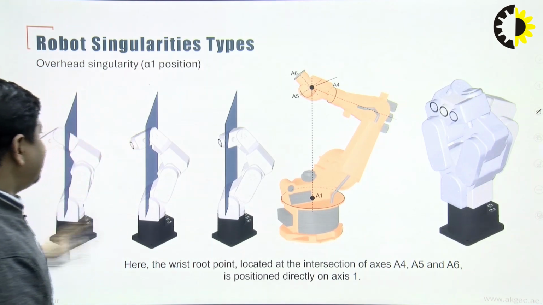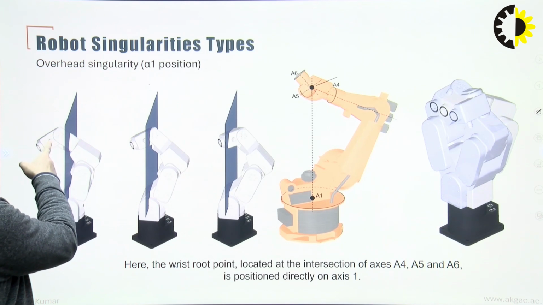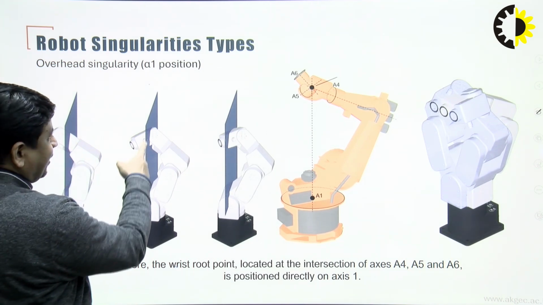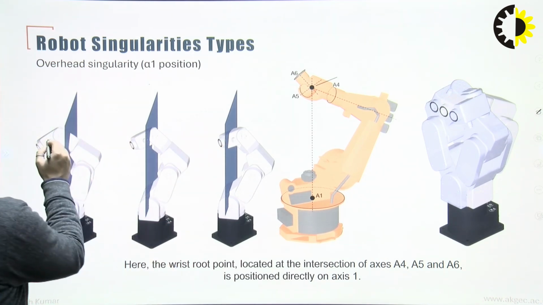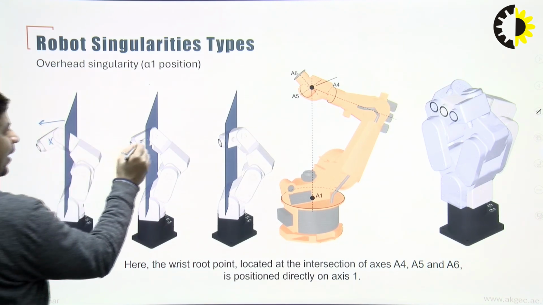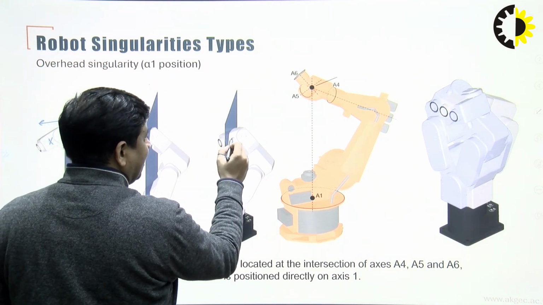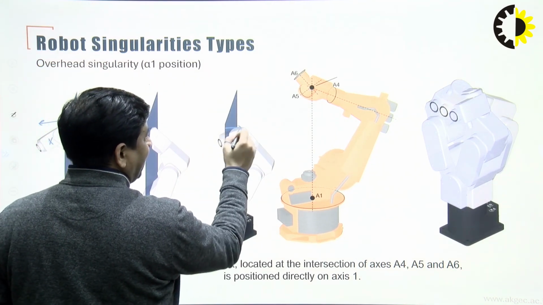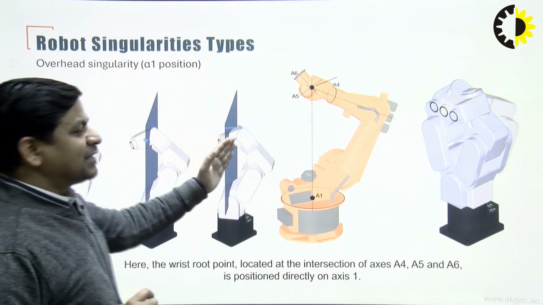If you see all the planes, here it is just in front of this, here it is lying on this, and here it is behind this. So if this is the wrist root point, it is in front of this plane, here it is exactly on the same plane, and here it is behind this plane. So these 3 cases are there.